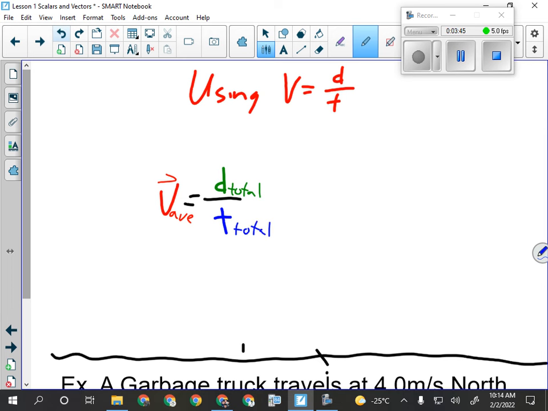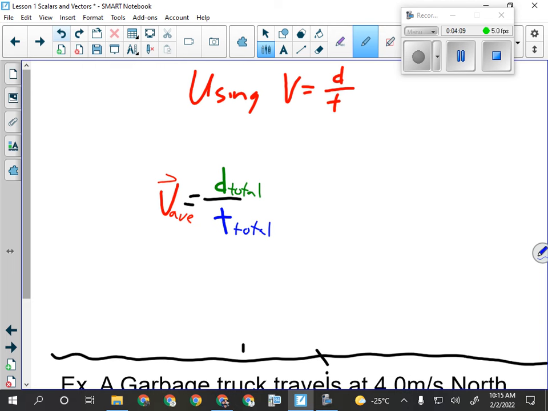Most of the time we don't write the total in because we're only using it for one thing. But if I have a question that describes a trip that an object makes that has several parts, and then says to me, calculate the average velocity over the whole trip, in order to do that, I need to know the total displacement and the total time.